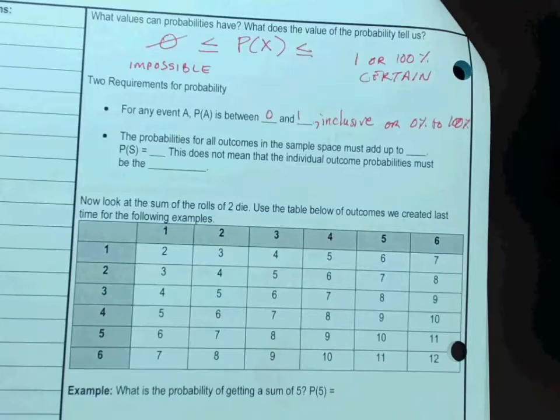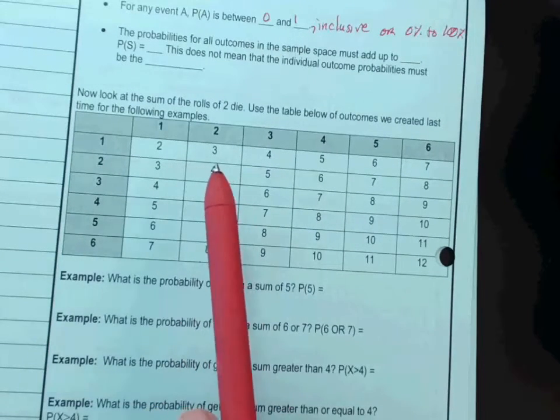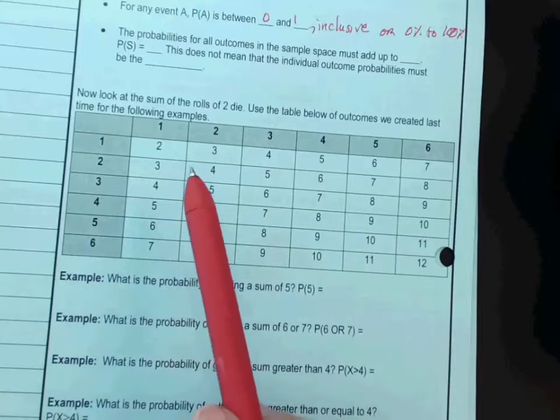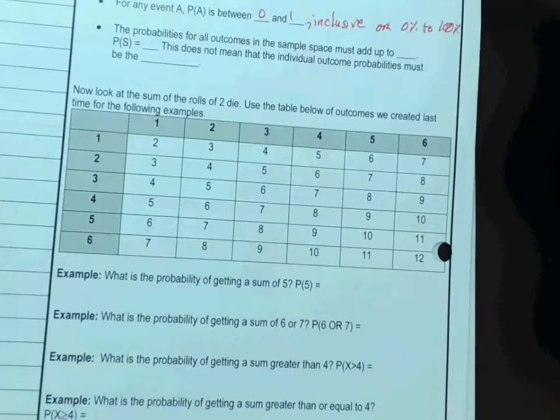Now, the probabilities for all outcomes in a sample space must add up to what? So, for example, here we're rolling 2 dice. What are the probabilities I'm going to get somewhere from 2 to 12 on rolling it? Did I include the entire sample space? I sure did.